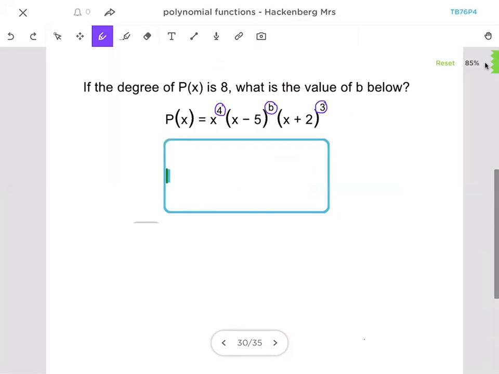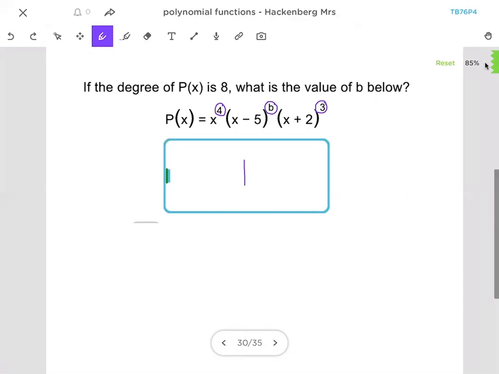And so if the degree is 8, I'd have to have b equaling 1 to add up to 8. If this was like x to the 4th plus (x - 5) to the b plus, that would be a different question.